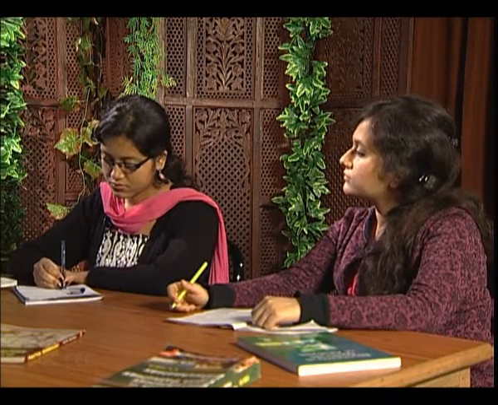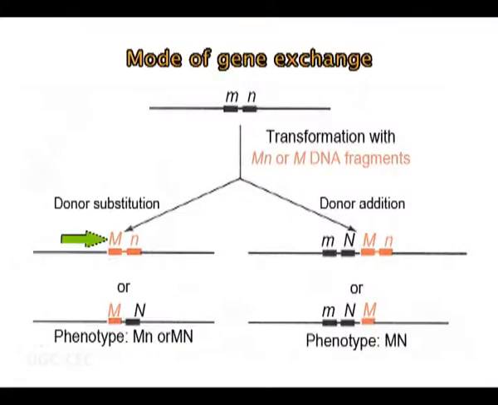Another example that they have taken is that the donor DNA that they have chosen, they started working with two markers. The donor was capital M and small n, and the recipient was small m and capital N. And the transformants were selected for capital M phenotype. They should get either capital M, small n, or capital M and capital N. It means the proportion of getting capital M, small n and capital M, capital N should be equal if it is substitution.